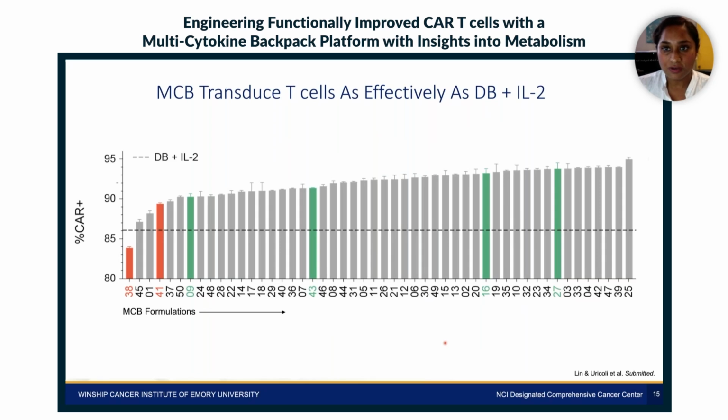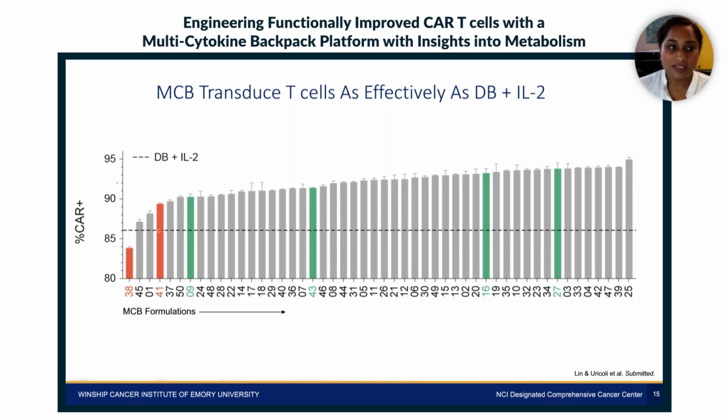Through our library screen, we manufactured CAR T cells and first looked at transduction efficiency and how much CAR these T cells were expressing. Just to orient you, this is looking at percentage of CAR T cells. Our MCB formulations are across the bottom, so each of these numbers represents a particular formulation of our MCB, organized from lowest expression to highest expression. The dotted line is the CAR T cell transduction that we achieved with the control of Dynabeads plus IL-2.